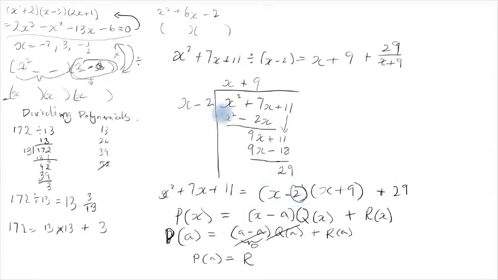So if we put 2 into this polynomial, let's see what happens. I'm putting 2 in for x here.